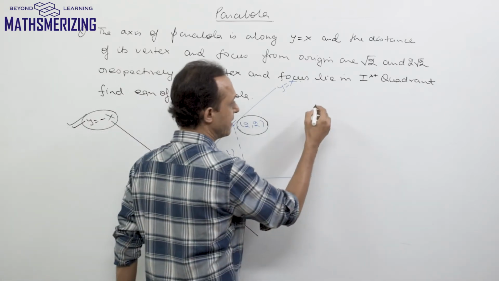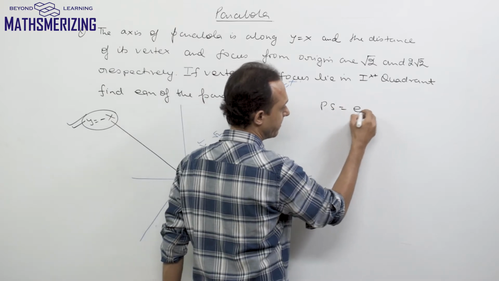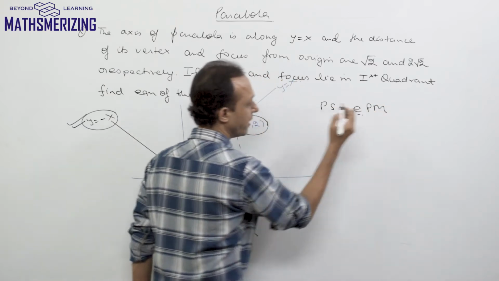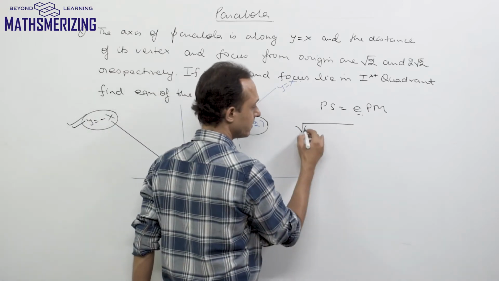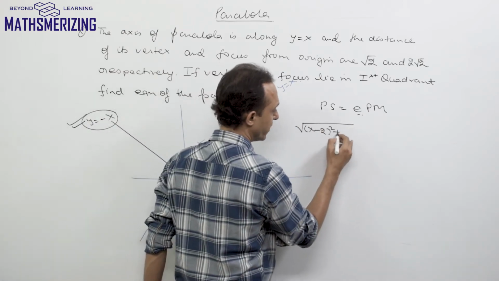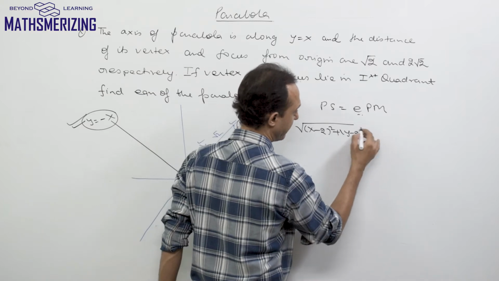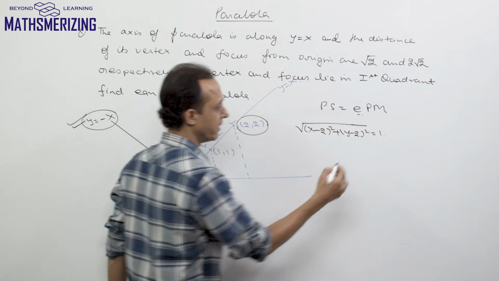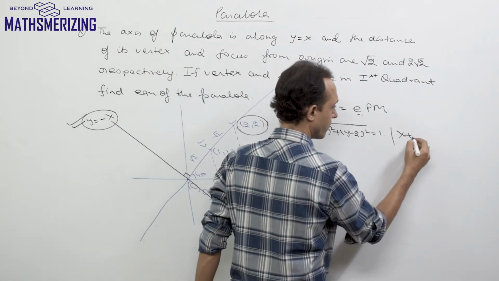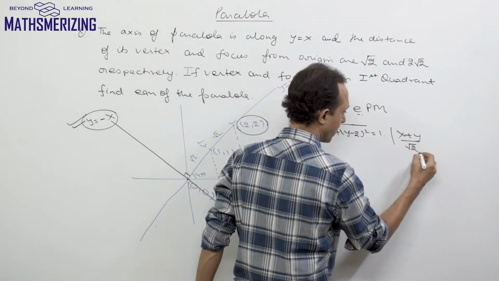So the equation of any parabola is PS equals e times PM, where the value of e is 1. So PS is under root of (x minus 2) square plus (y minus 2) square, e is 1, and PM in this case will be simply (x plus y) upon root 2.